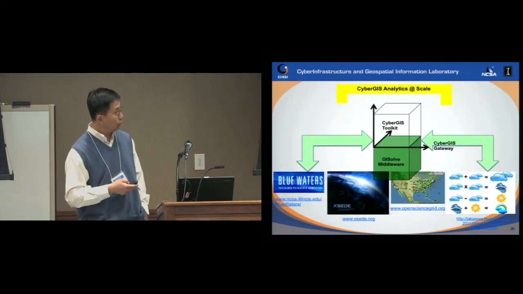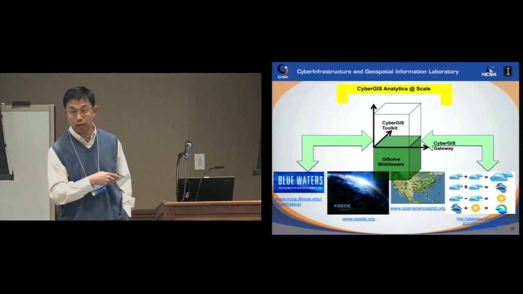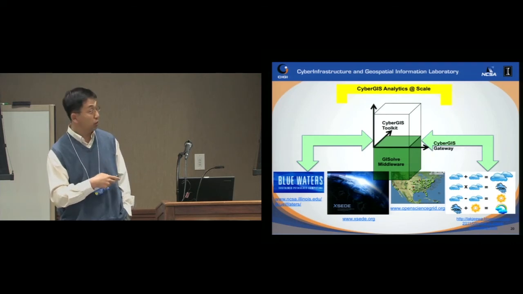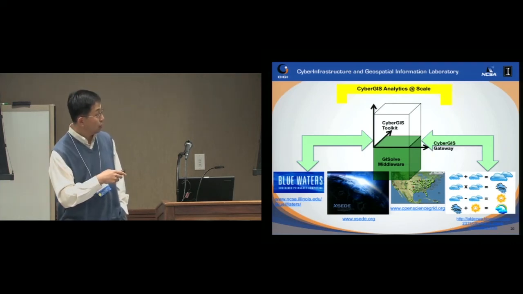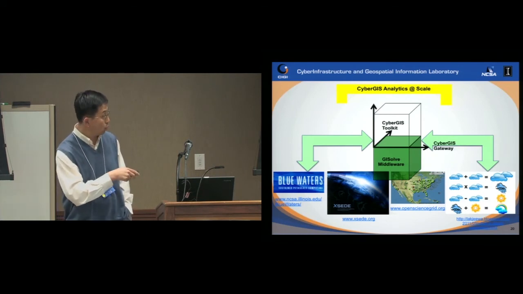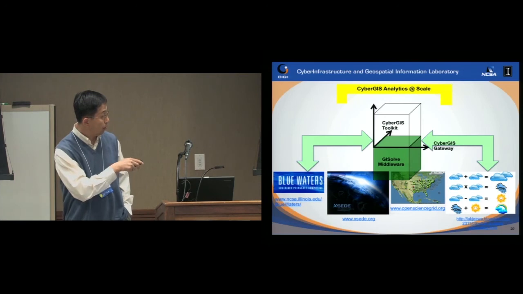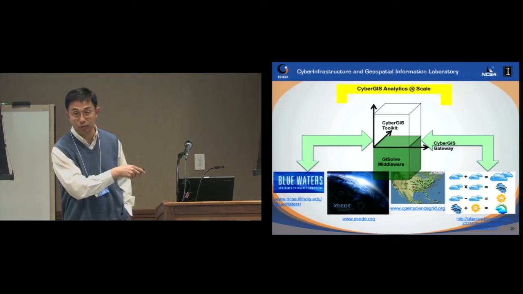So what we're talking about here, we're using Blue Waters to come up with a new problem-solving approach for this redistricting problem. But GIS analytics in fact represent a broad spectrum of analytics requiring not only high-end computers like Blue Waters, but also clouds, mad cloud or happy cloud, what have you these days.